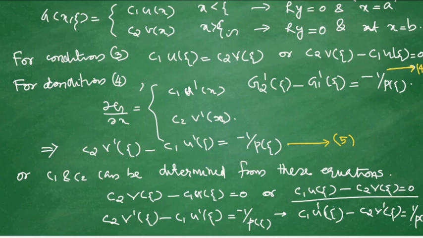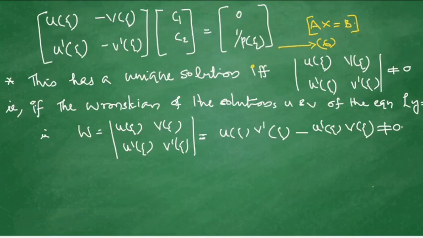So writing this equation in the matrix form Ax equal to B, we have the matrix A as U theta, U dash theta in the first column, and minus V of theta, minus V dash theta in the second column, into matrix C1, C2, equal to the matrix 0, 1 by P of theta, where P is the leading coefficient of y double dash in the equation Ly plus phi of x equal to 0.